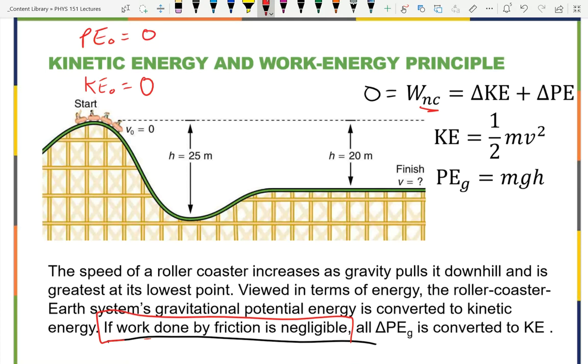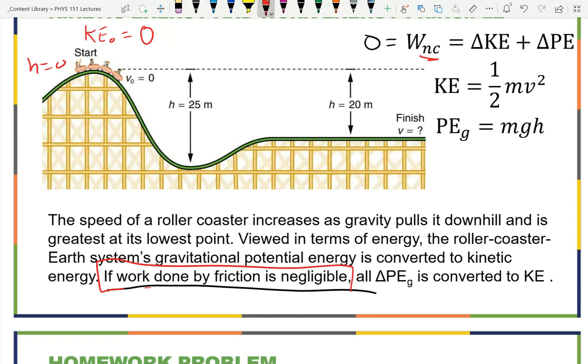So that means this is height equals 0 up here. So now at this point, kinetic energy 1. What's kinetic energy 1's equation? 1/2 mv1 squared.